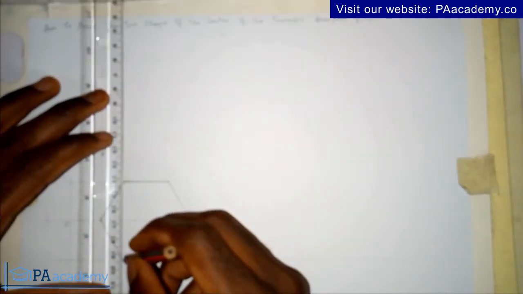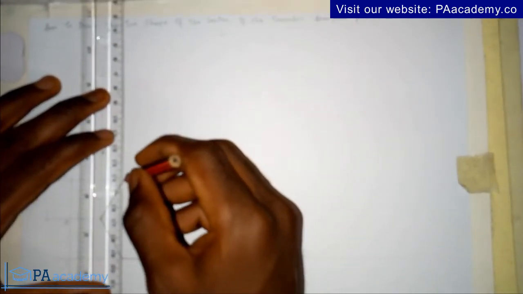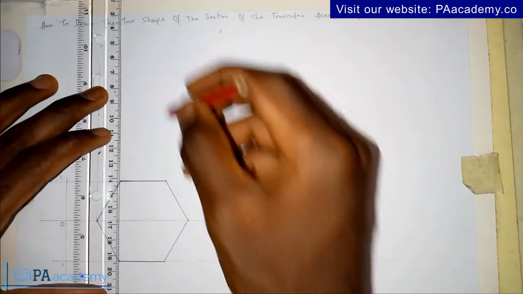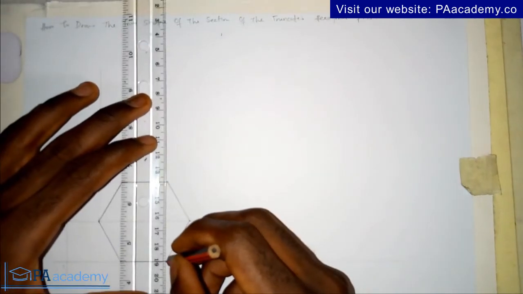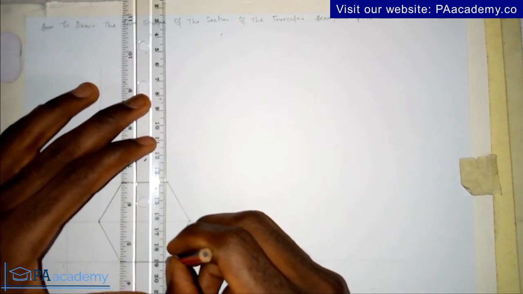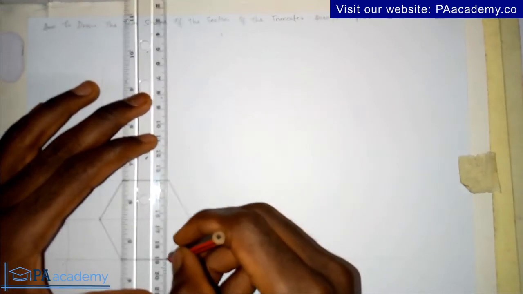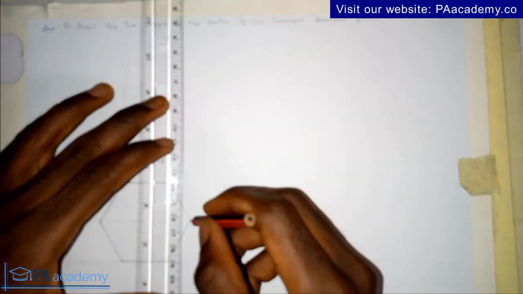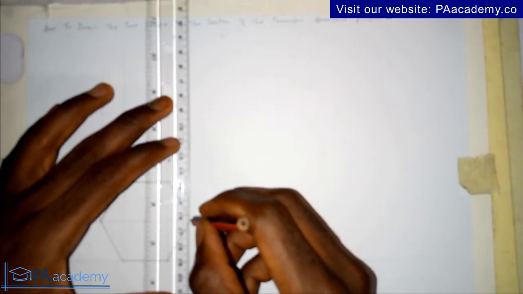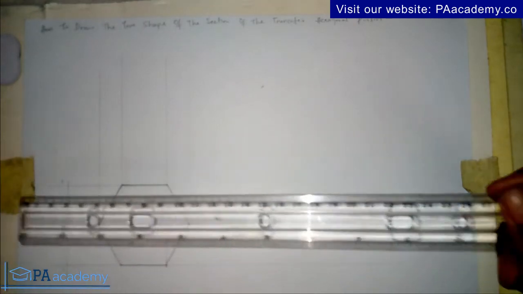From this point also, make sure these lines are parallel to each other. I made it faint because it's not really part of this, they're just construction lines. So you leave some space between this top and another line that I want to draw.